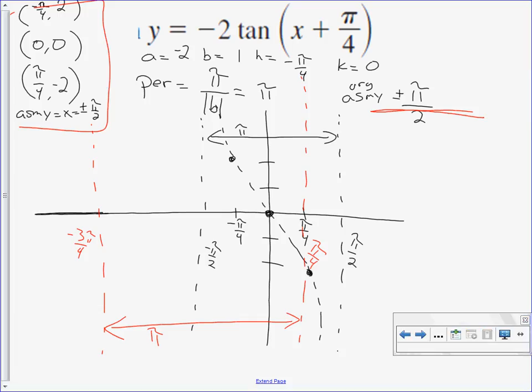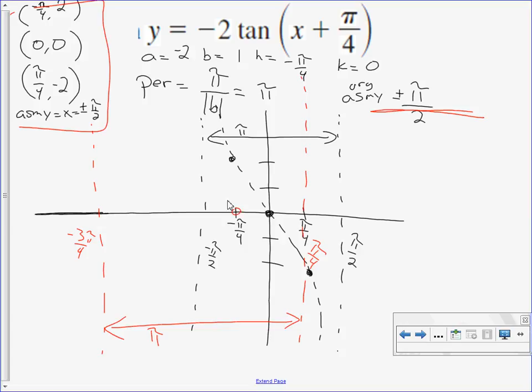All I'm doing is moving those asymptotes over. You okay? All right. Now that we did that, all you have to do is find out where the new center is going to be. Once again, if you go to the origin and you move it to the left, pi over 4, you wind up at negative pi over 4.